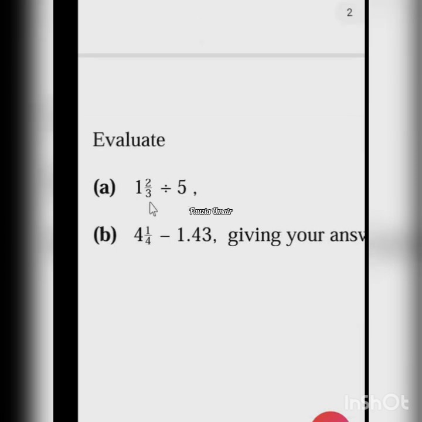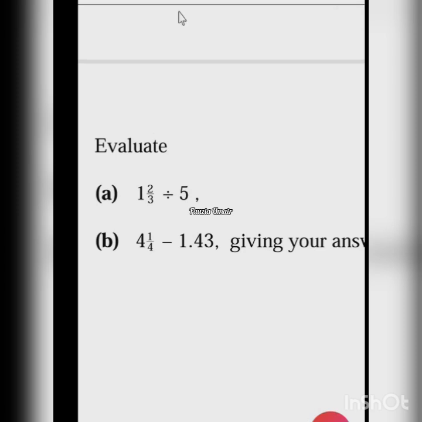By changing the whole number into a decimal? If we go into decimal, it will become more complicated. So it is always advised to keep them in the fraction. So first of all, let's change this mixed number into an improper fraction. What is 1 whole 2 by 3 in improper form? 5 by 3.